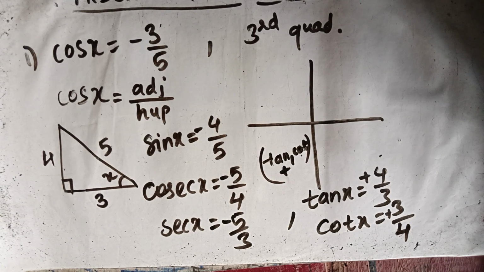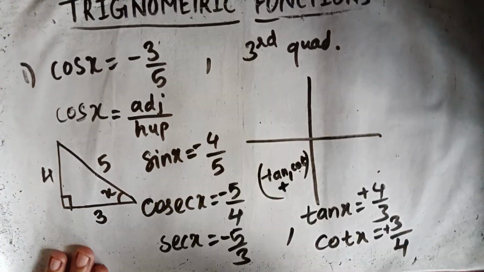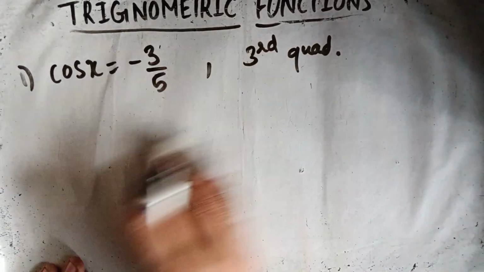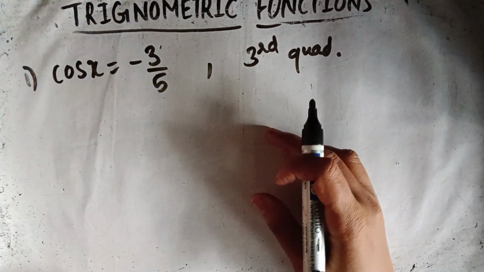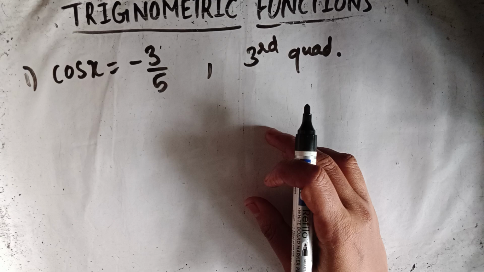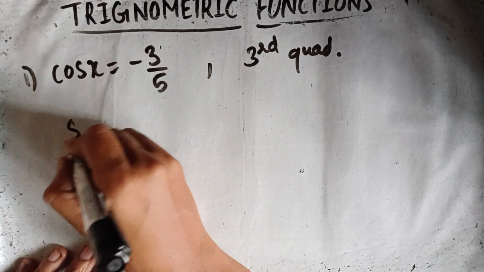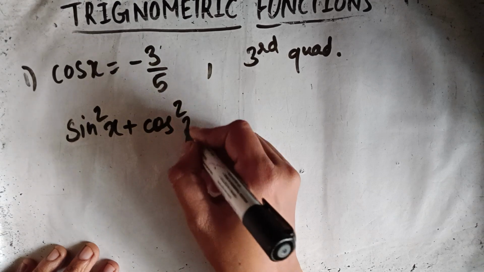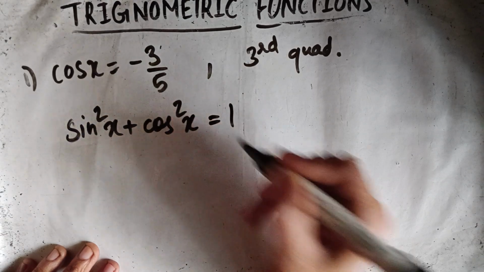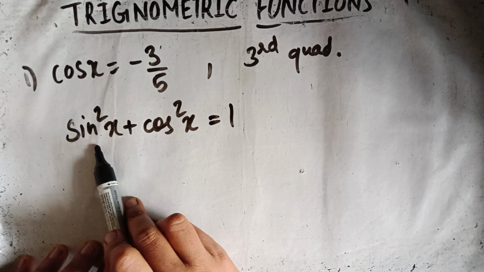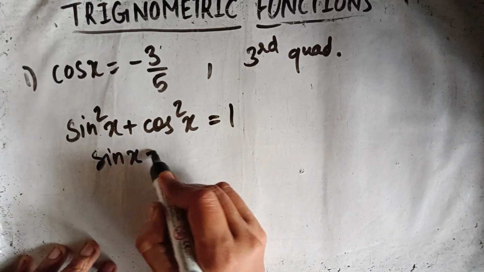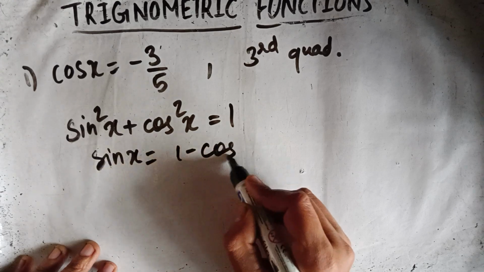Okay, there is another way. This is easier, but there is another way. That is, you can use the formula, the identity sin square x plus cos square x equal to 1, to find sine. So sin x is root of 1 minus cos square x.